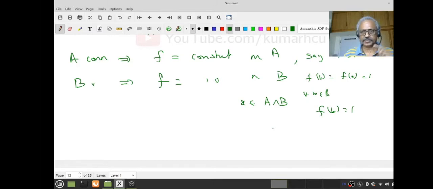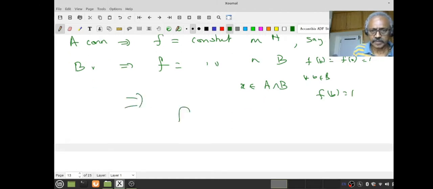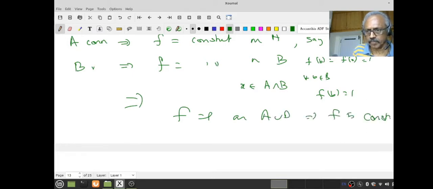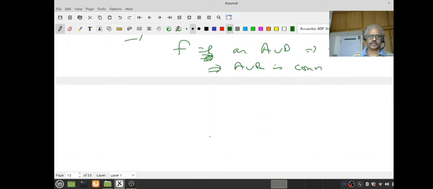But x is in A, therefore F of x is 1. That means F is equal to 1 on A union B. That is, F is a constant. That means A union B is connected. Have you understood? So pause, review, proceed.